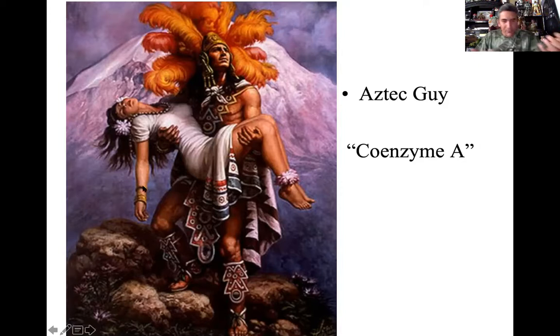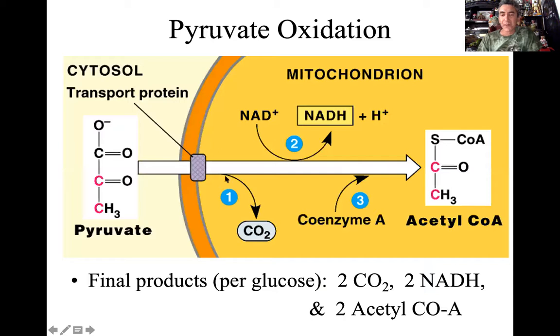She's going to get picked up and moved to another location. So Aztec guy, right? What's his name? Coenzyme A, right? And when Aztec guy combines with the 2 carbon molecules, we call him, that's a fancy Aztec name, no? Acetyl-CoA. Acetyl-CoA is this Aztec guy with the maiden, and we have now this transporter of carbons. We've talked about transporter of electrons, which is NADH. Now we have a transporter of carbons, which is this coenzyme A, acetyl-CoA kind of molecule there.